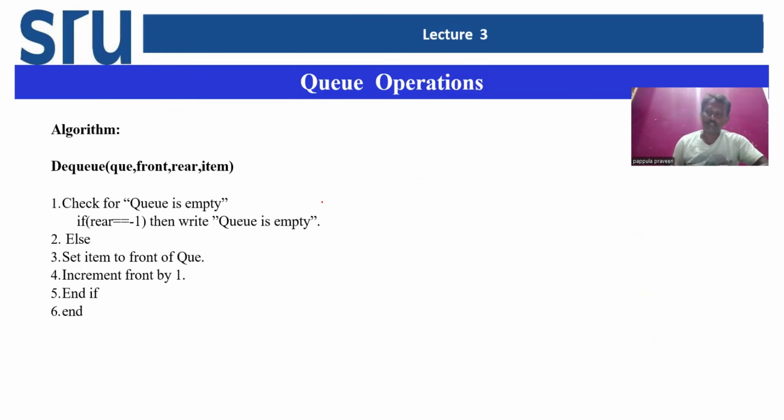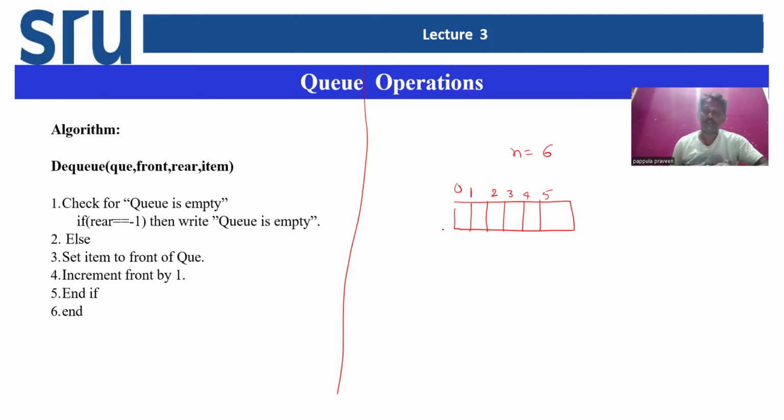And the next one is the Dequeue. See, observe here, we take some example. Now, what is the n value?